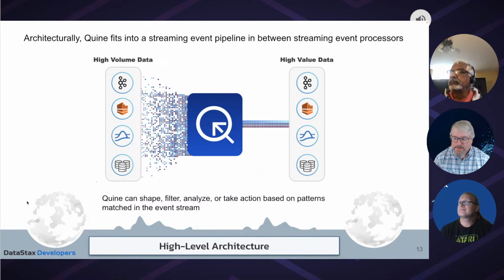So architecturally, if you're thinking about where Quine fits into your data pipeline, it's in between a source and a sink. So what we do is we will connect to, say, a Kafka topic, and we will read that topic, and we'll take all of the information inside of that topic, and we can take multiple topics.